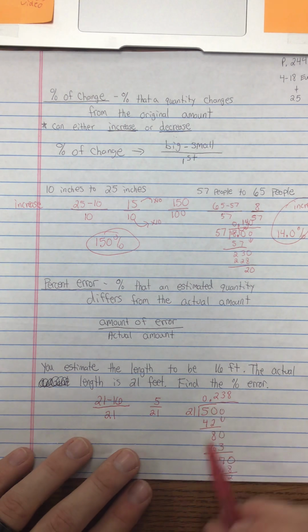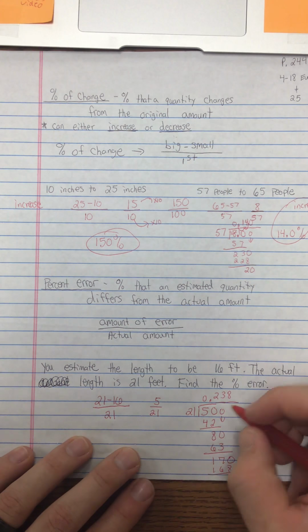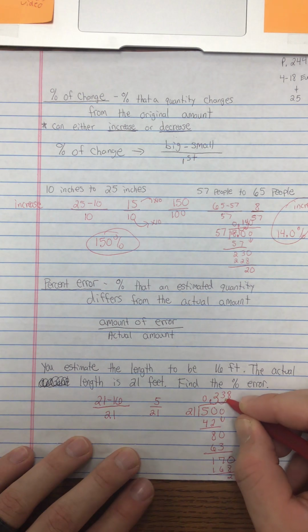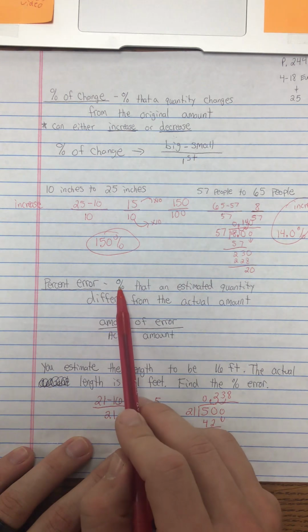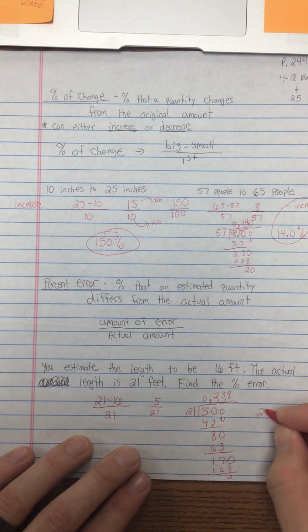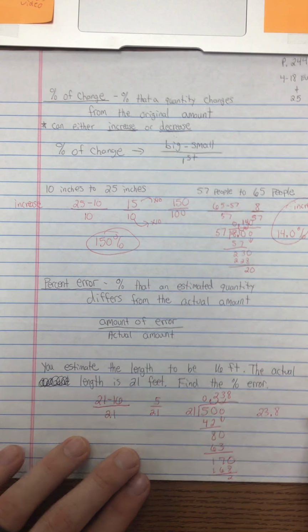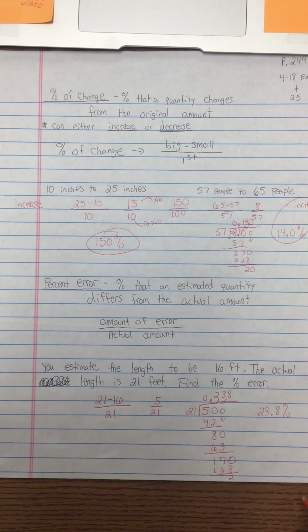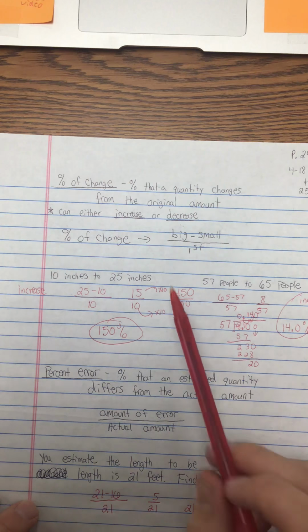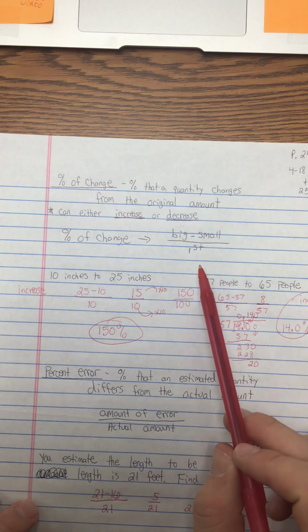So I have 238 thousandths, so what I need to do is just move my decimal 2 times to the right to make it our percent, which would be 23.8% error, okay?